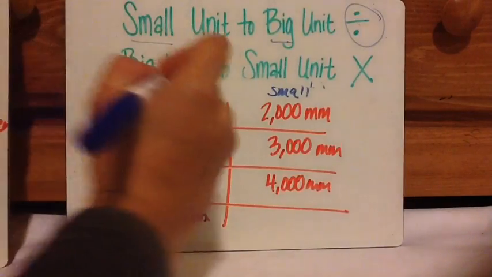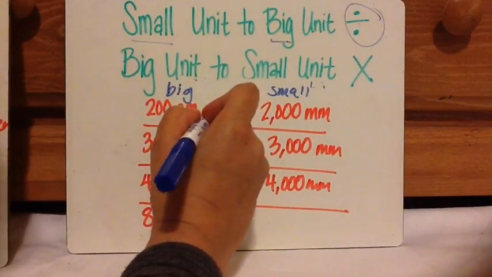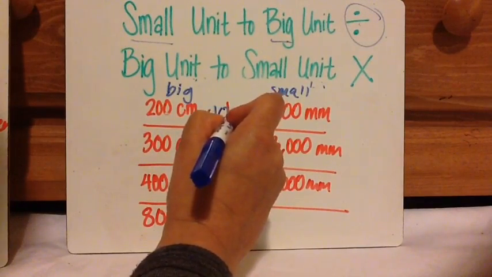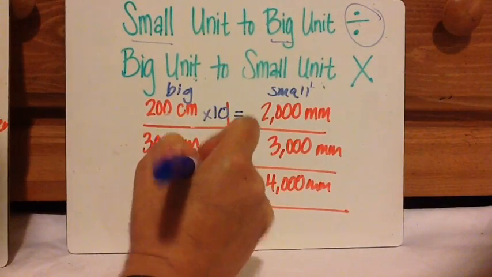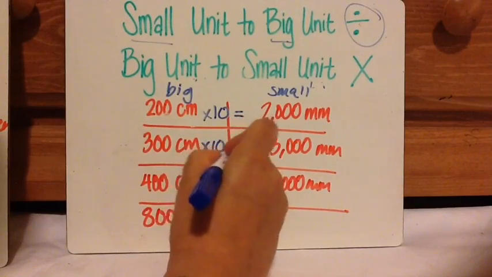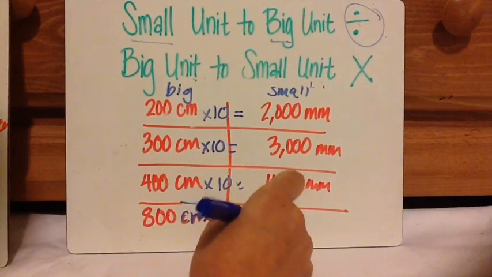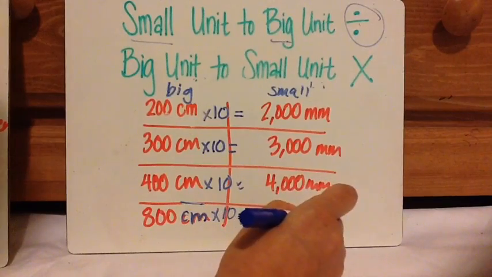So when I have 200 centimeters, I'm going to times it by 10, and that's going to give me 2,000. So times 10 equals 8,000.